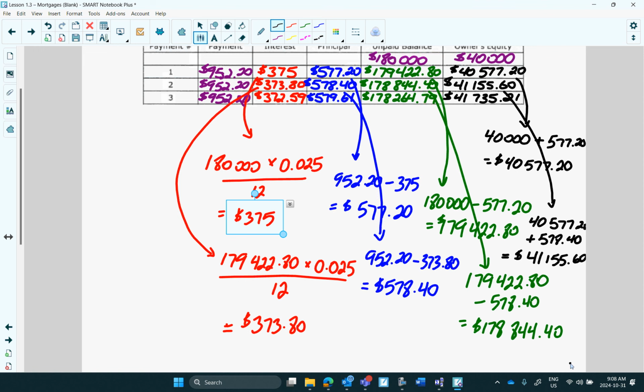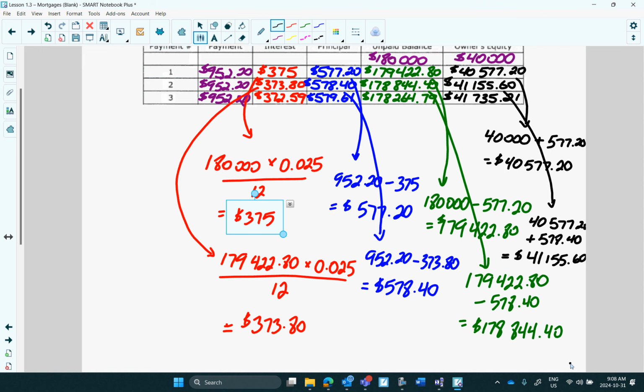He'd have to pay the rest back to the bank for the loan, so he made a little less than $2,000 if he sold it for the same amount. Obviously, that's not really worth it. But you can see over the long run, the money that you put into the house, your owner's equity is going to increase, while the loan is going to decrease, which means that if you sell, you're going to be making a little bit more money, assuming that you sell for at least the same price.